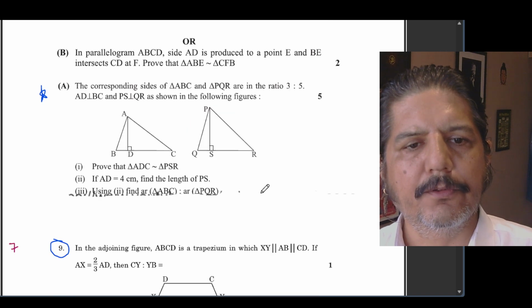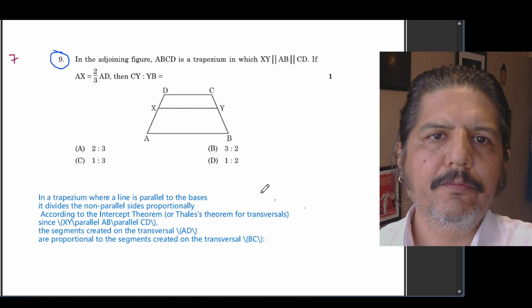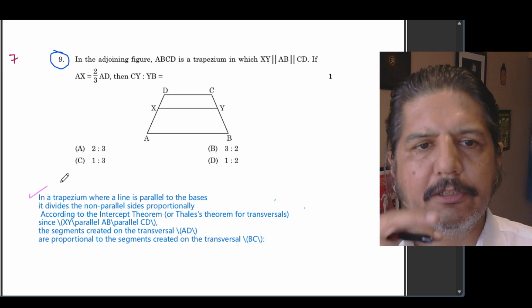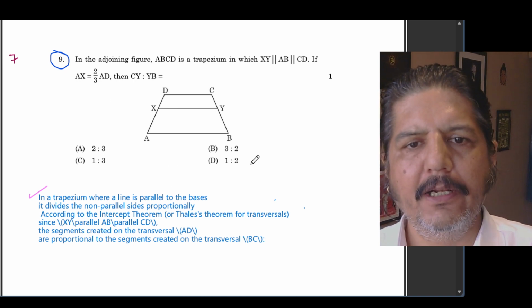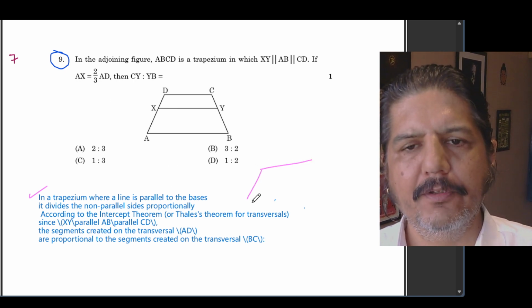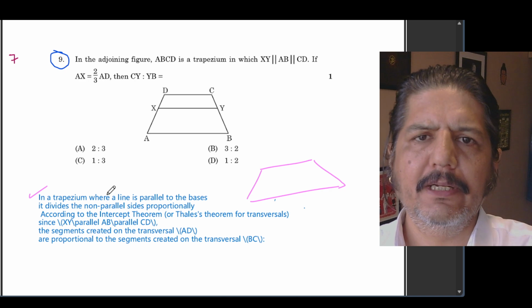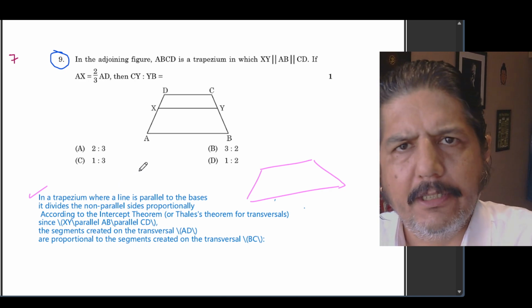Let's move to the next question. Here there is something which I want to explain before we start the question. This is a theorem, you can accept it without any proof.